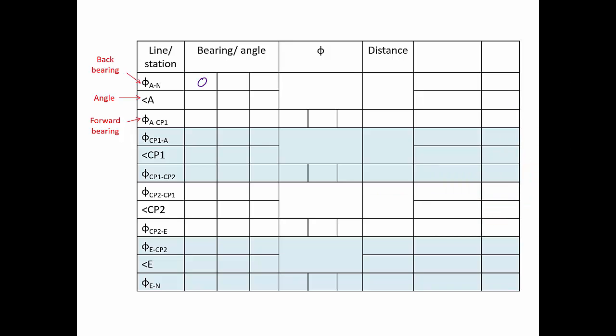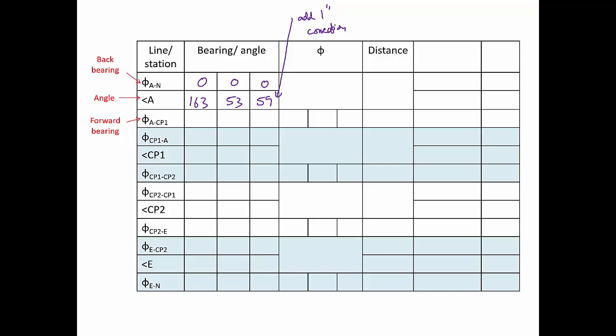Back bearing AN is 0, 0, 0. The angle at A we measured as 163.53.58, but I need to add 1 second correction to all of the angles. Do the same for all the others. I'm going to write the angles out first.